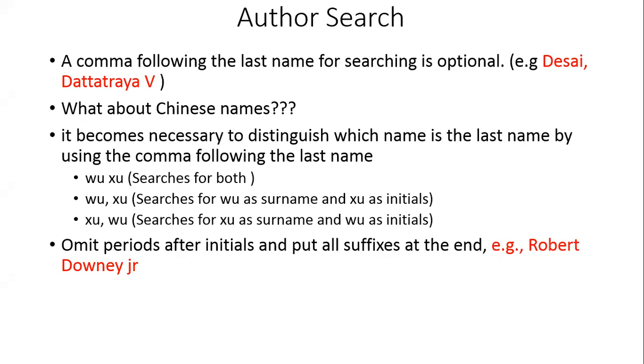For example, if you want to find articles published by Robert Downey Jr., then it is not necessary to put a period or full stop after Junior. Try doing this search for Robert Downey Jr. and see if you find any article published by Iron Man. So this is just for you to know what this stands for, right?